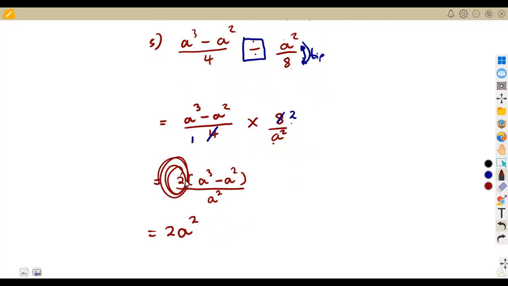Remember that 2 is already out of your brackets. The term that we are focusing on is the one that we just factored out now. It is the one that we are going to use to divide back into this bracket, because we factored out a squared. So we are going to divide a to the exponent of 3 by a squared, not by 2, because 2 was already out of the bracket.